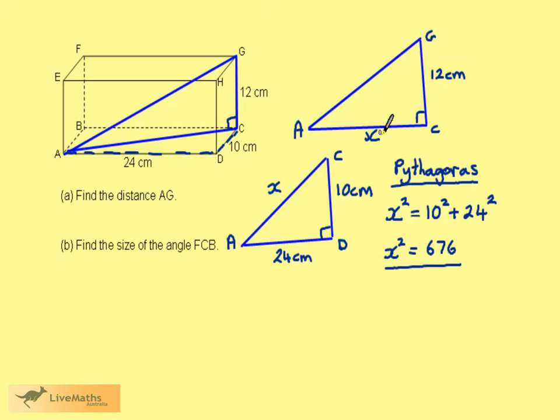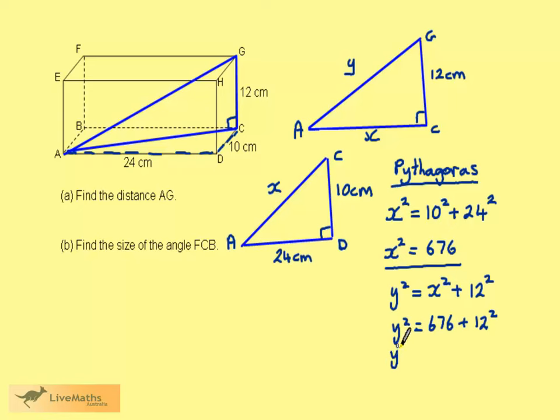So x is AC. AG I'm going to call y. Using Pythagoras' theorem, y squared is equal to x squared plus 12 squared. Note, this is why we didn't need to actually find the value of x. We were going to use x squared anyway. So y squared is going to be x squared, which we know is 676, plus 12 squared.